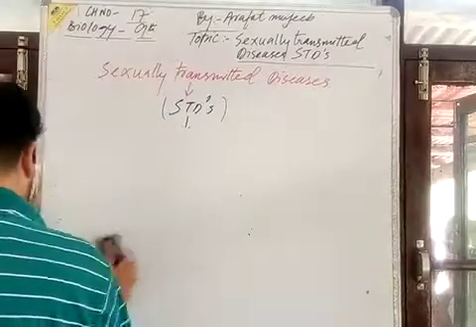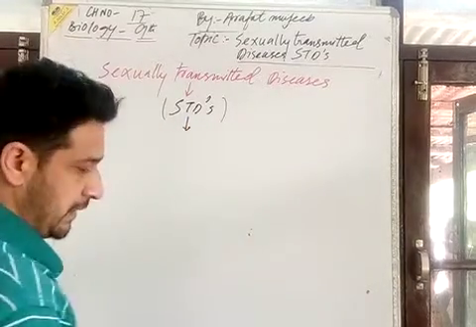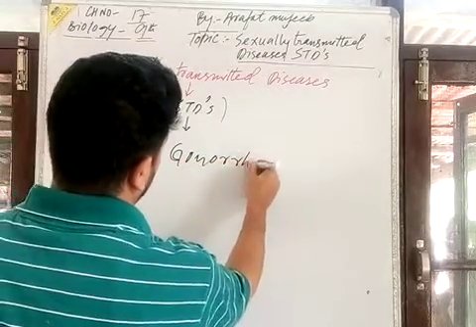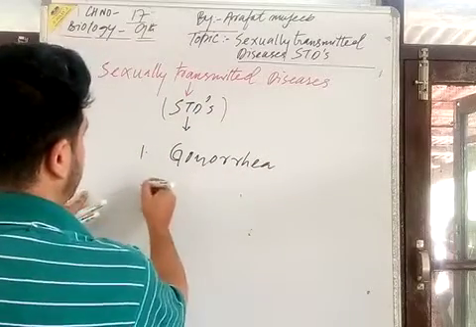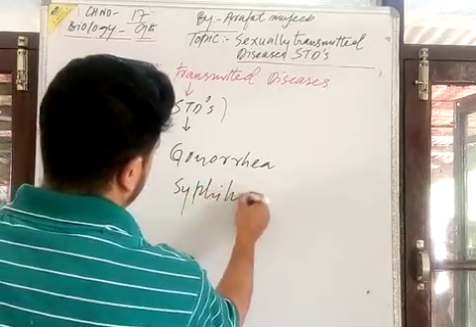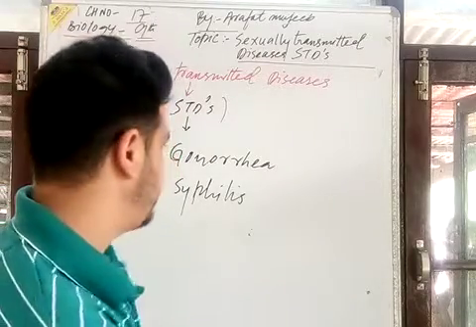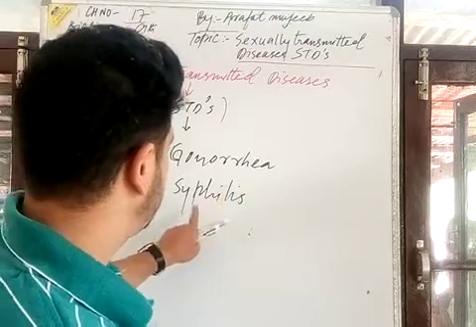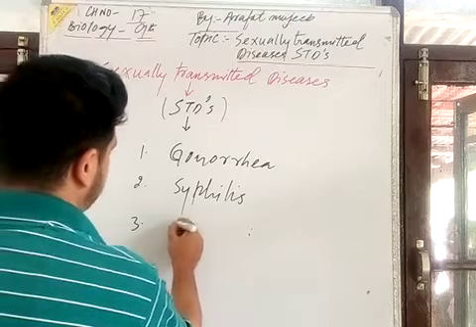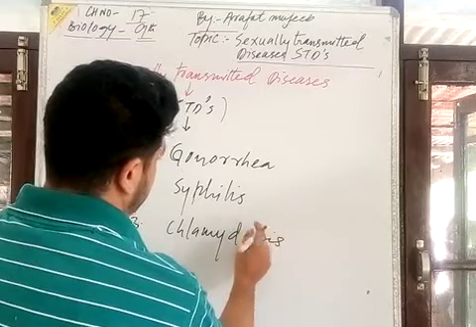Various types of sexually transmitted diseases are: first one, gonorrhea. Second one is syphilis. Third is chlamydiasis.